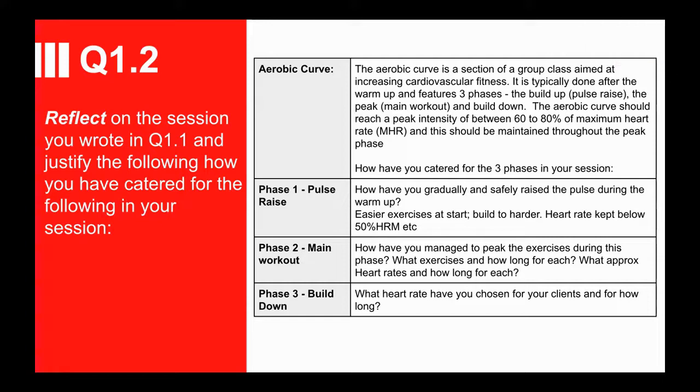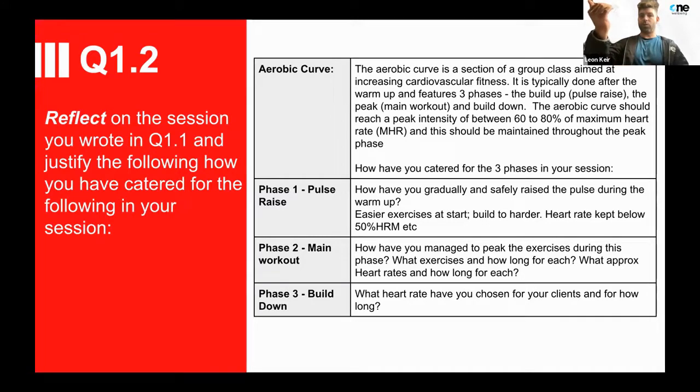Obviously our client's heart rate is going to be quite high at the end of the assault bike. And then with our client laying on the ground doing their core exercises, it's going to dramatically drop the client's heart rate down.